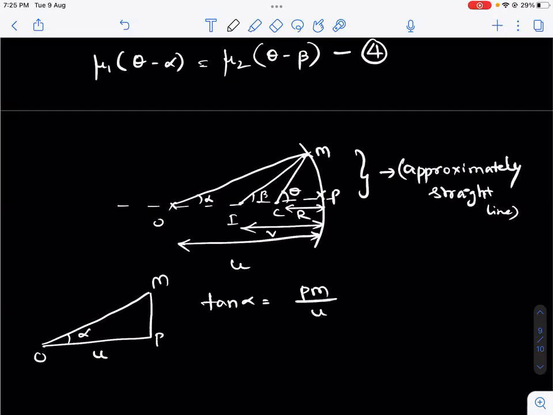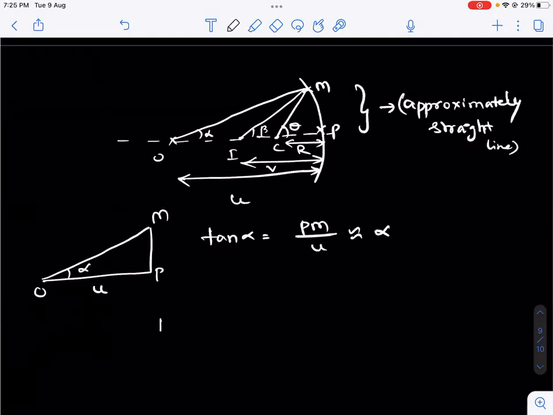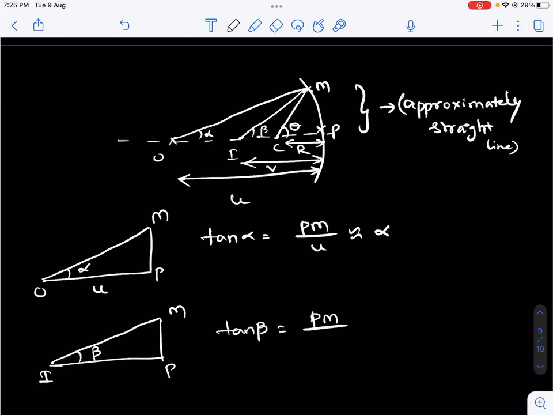PM divided by U. But I told you all the angles are small. This can be approximated to alpha itself. Similarly, if I have MPI, then this will be beta. Then what is tan beta? PM by V, which is approximated to beta.